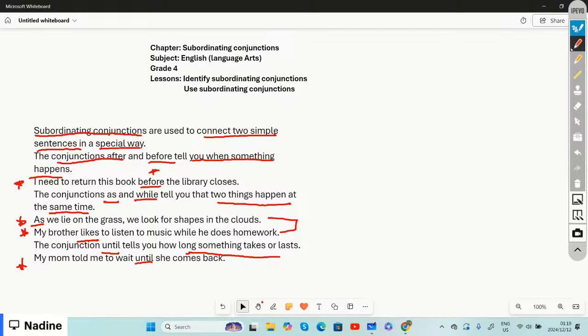If we use the word as or while, it shows us that two things happen at the same time. And if we use the word until, it tells us how long something lasts or how long it takes.